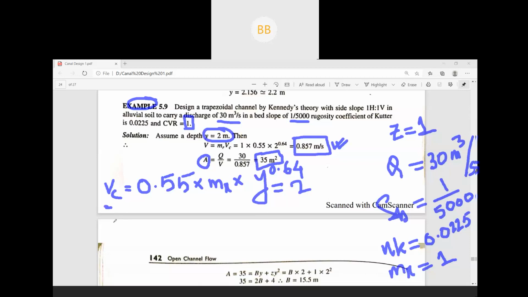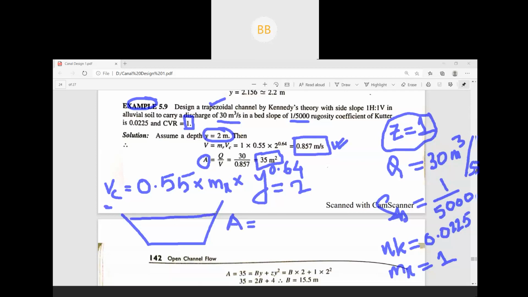So in the next step, it's given that we need to consider the channel shape as trapezoidal, and z value is given as equal to 1. So now we have to use the area equation of a trapezoidal channel.